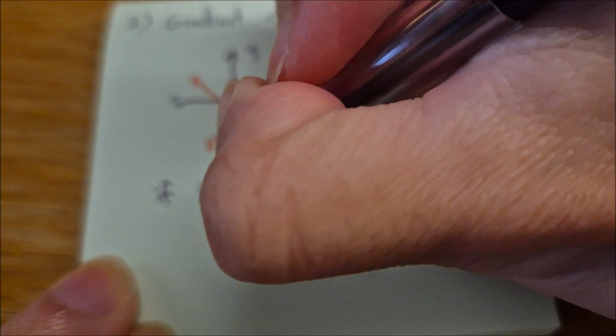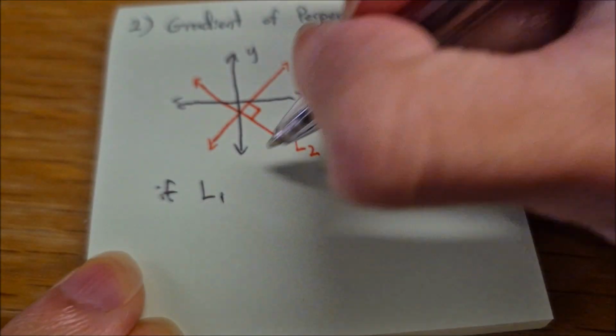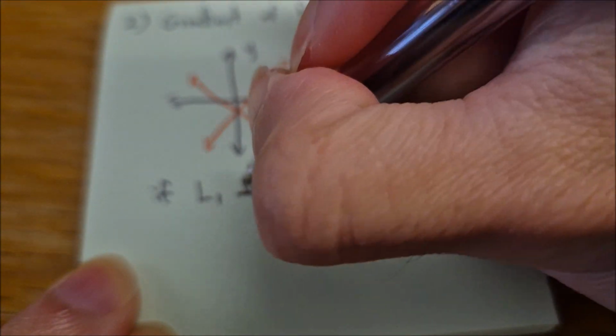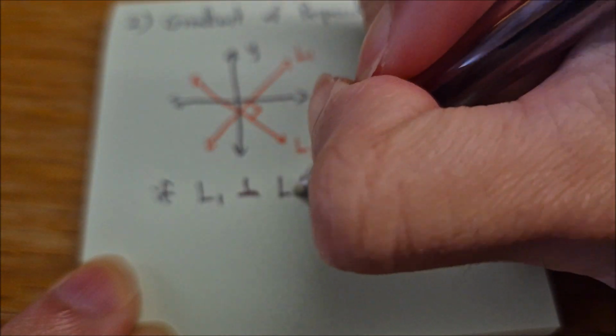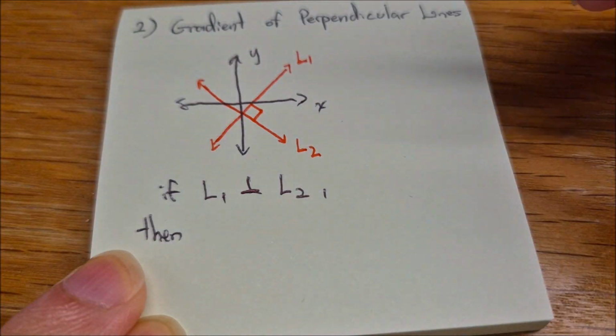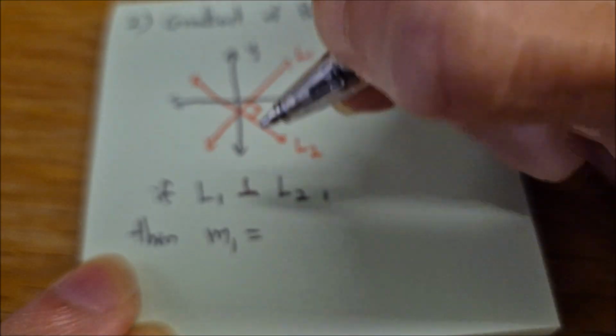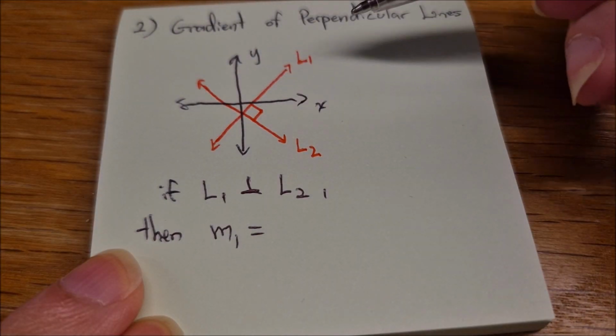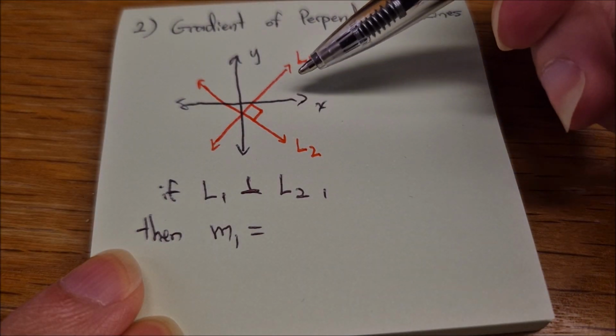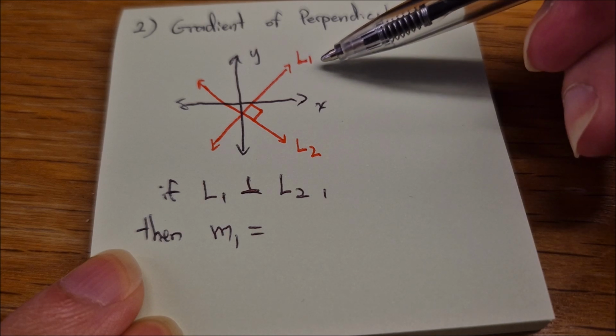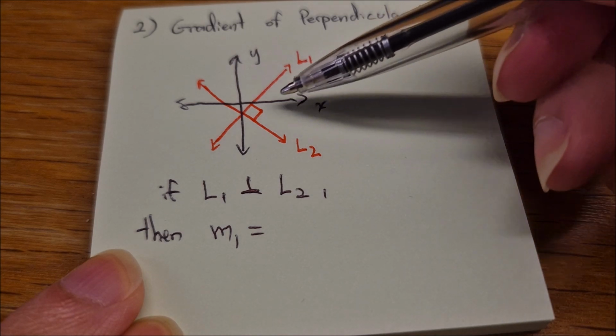If my line 1 is perpendicular to line 2, then the gradient of line 1 is, well, we can notice that the line is perpendicular, so we have line 1 going in this direction.